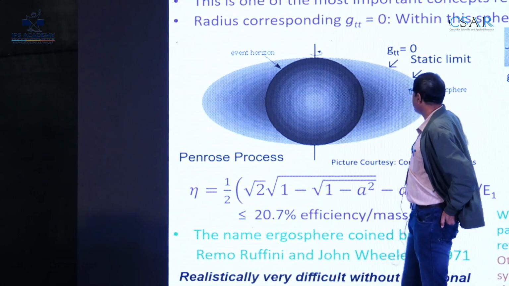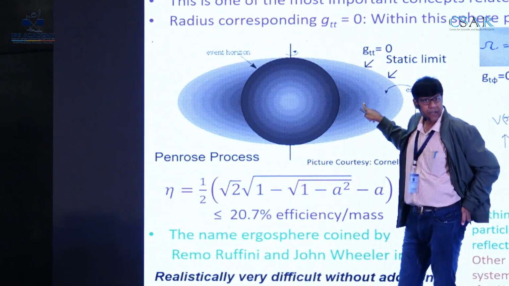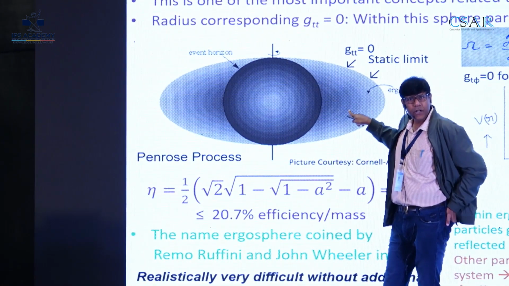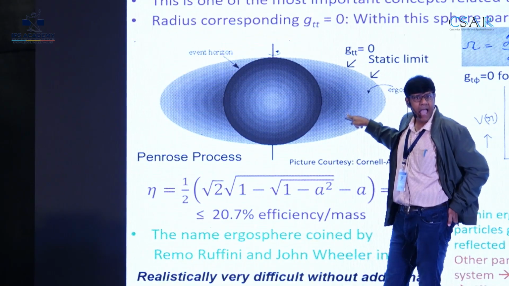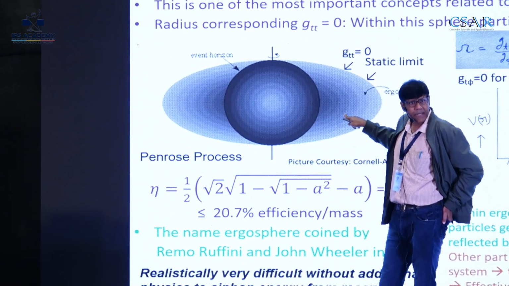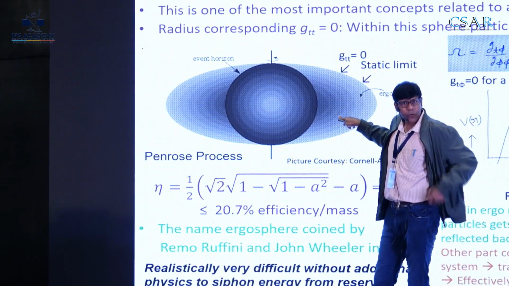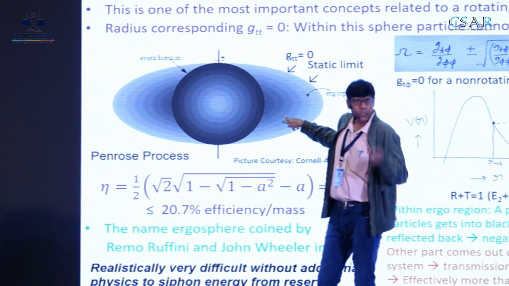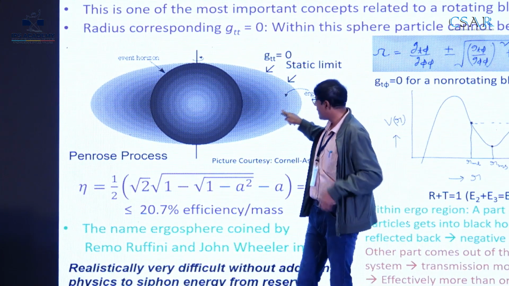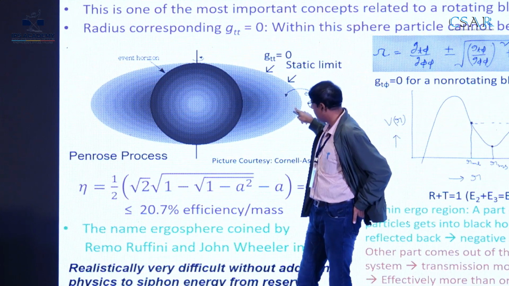This ellipsoidal region is called the ergosphere. It is a region where a particle cannot be static, and that non-static nature plays a role in siphoning energy through the magnetic field. That's why I am bringing this here.